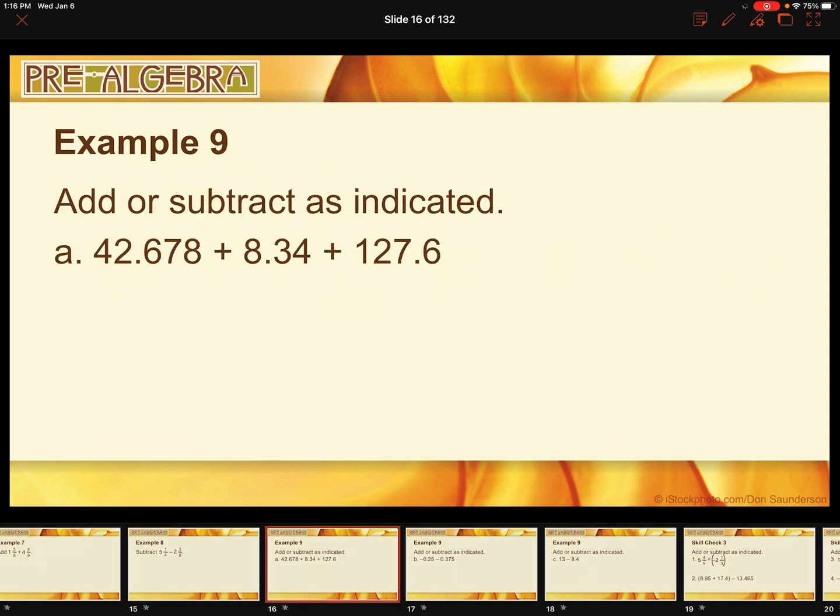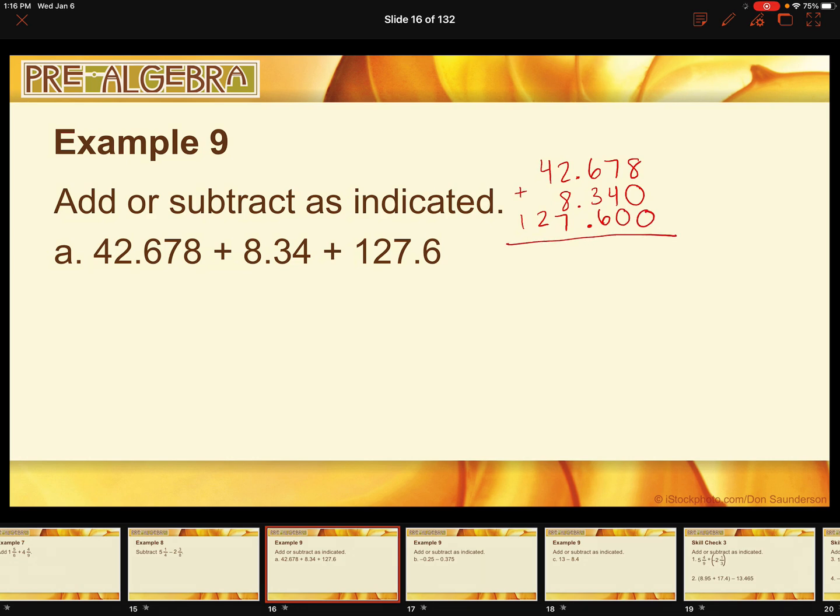Let's try a couple with decimals. So remember, whenever we do decimals, we have to make sure we line up all of the place values. So I'm going to put the 8 in the tenths place, 3, 4, and add a 0 for my placeholder. Doesn't change my number because it's after a decimal. 127.6, and I'm going to put 2 zeros for my placeholders.